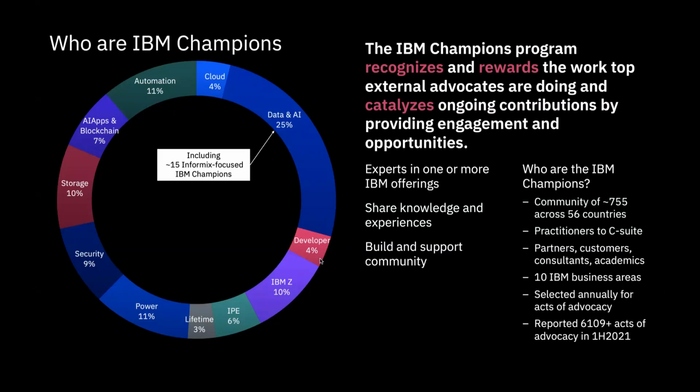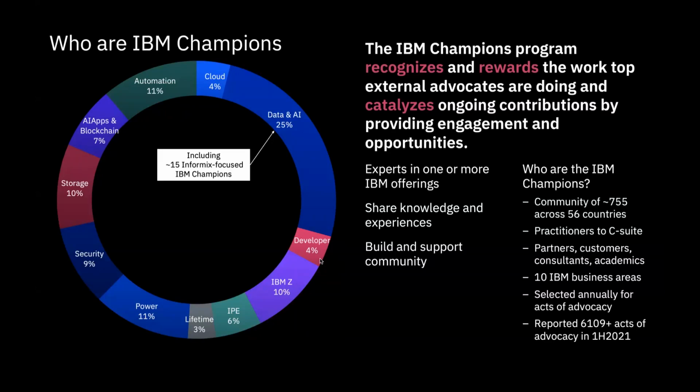They represent everything from practitioners up to the C-suite. They're business partners, as I said, but they're also customers, consultants, academics, even a few students. We select these IBM Champions every year based on the advocacy and content and commitment to community that they have shown during that year.